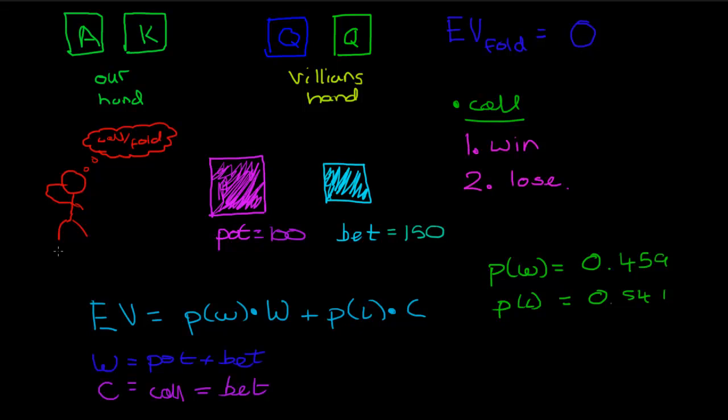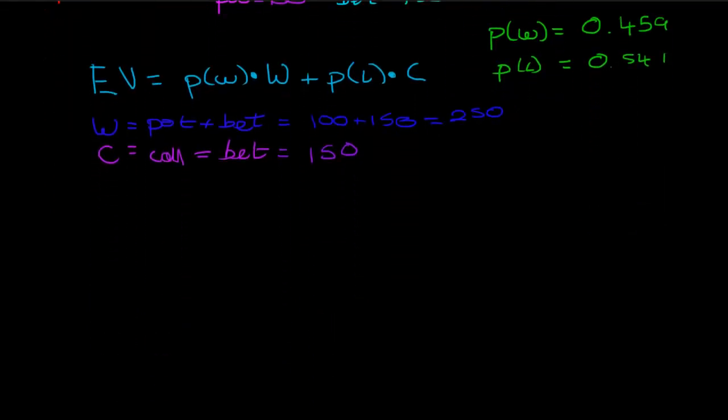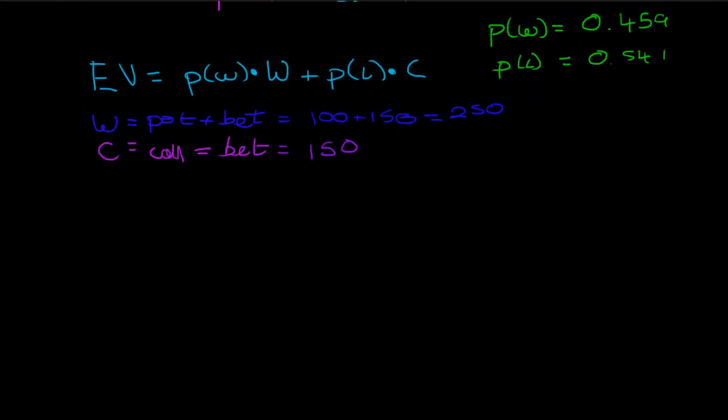So now we know that our winnings are going to equal the pot plus the bet, which is 100 plus 150, which equals 250. And our cost equals 150. Okay, so with that information and our EV equation, we have enough to work out what the best decision is.